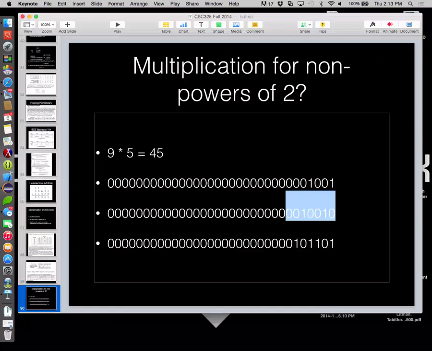Left shift it again, we get that number. Left shift it again, we get that number. Left shift it one more time, we get that number. So we just multiplied it by 4.